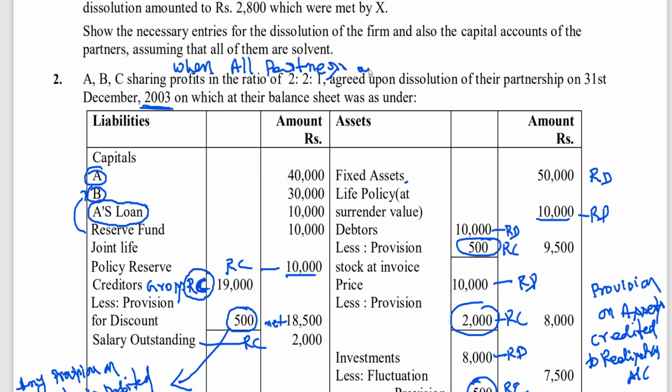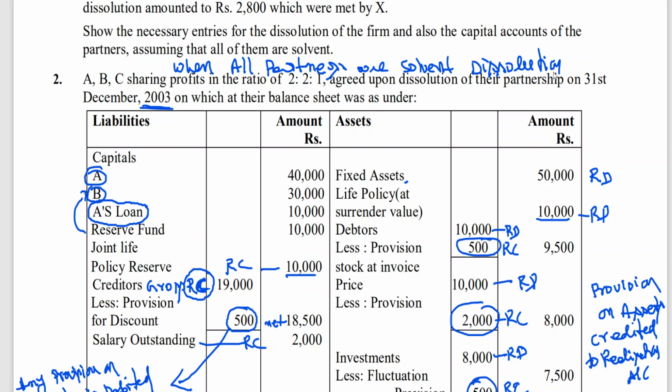When all partners are solvent, dissolution. You have to give the heading when you are copying down in the notes. Model 1. When all partners are solvent, dissolution. The captions I am giving, this topic's captions are very, very important. So please remember, two problems I have explained. The sequence in which I am explaining, the same way you have to maintain the notes.